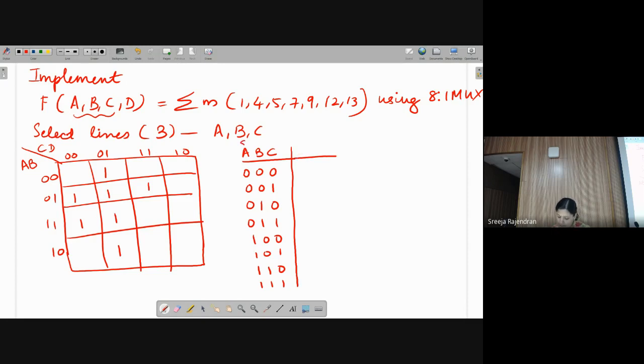These are my select lines S2, S1, S0, so A, B, C represent S2, S1, and S0. If there are 3 select lines, I can have a total of 8 combinations.